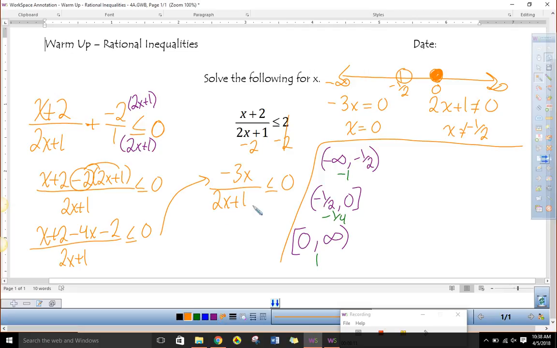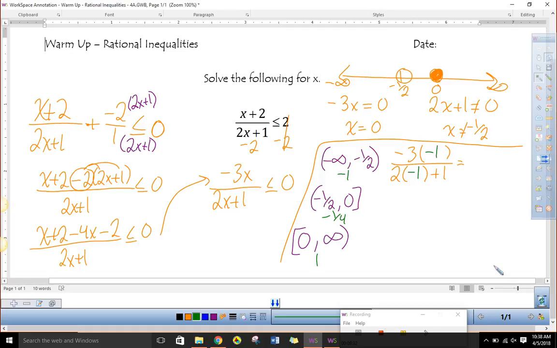So we're going to take this beautiful equation. I'm going to try and color code it a little bit for you. And since it's less than or equal to 0, what type of numbers am I hoping to get? We want negative numbers. Yeah, negative numbers are less than 0, right? So as long as I end up with a negative number, it works out. I end up with a positive number, no go. Sound good?